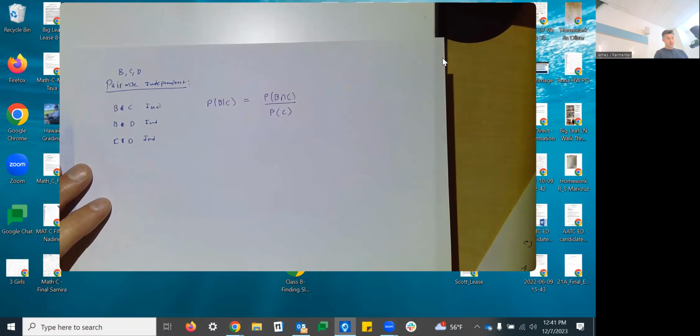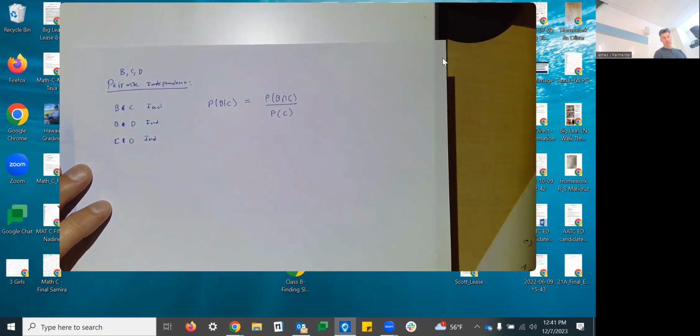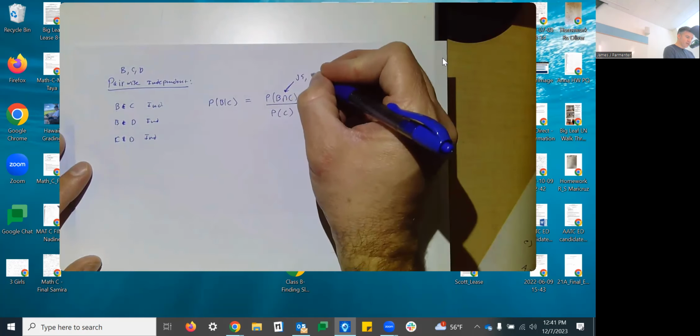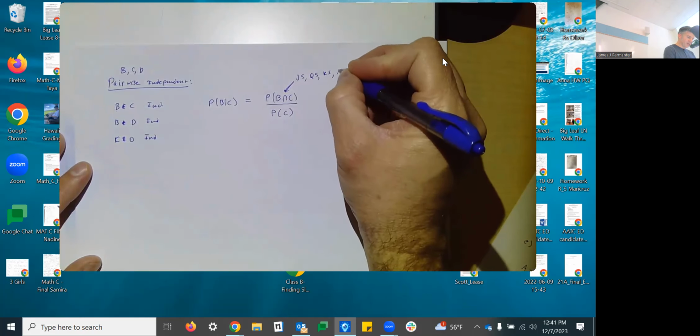B intersect C: B is ranked jack or higher, C is a spade. So we're looking for all the jacks or higher that are spades. So B intersect C is jack of spades, queen of spades, king of spades, ace of spades.